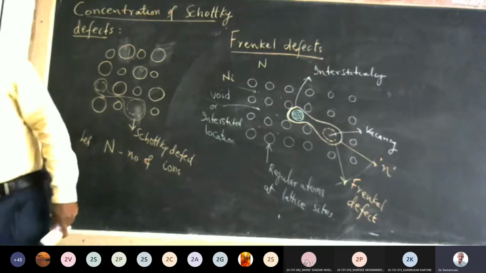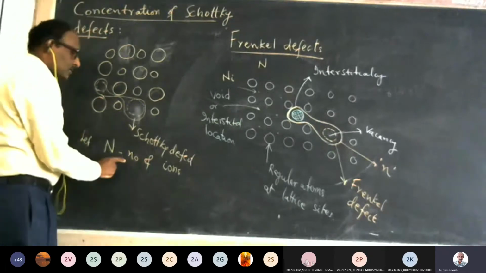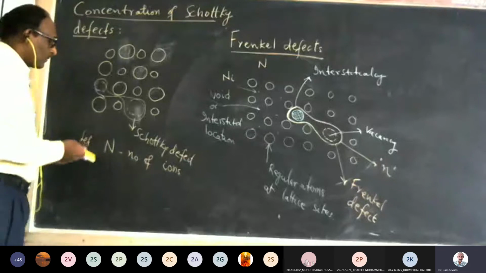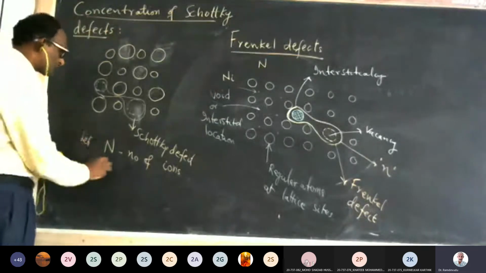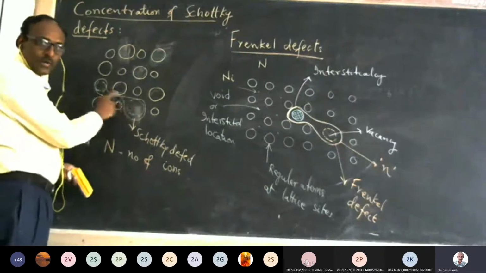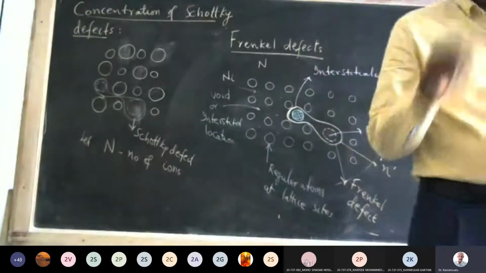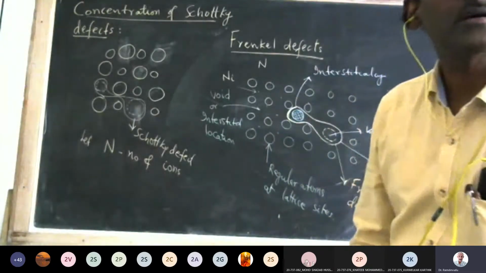I am saying that the total number of ions is N. Because for a Schottky defect, one cation and one anion should miss. When they are missing, they form a Schottky defect.